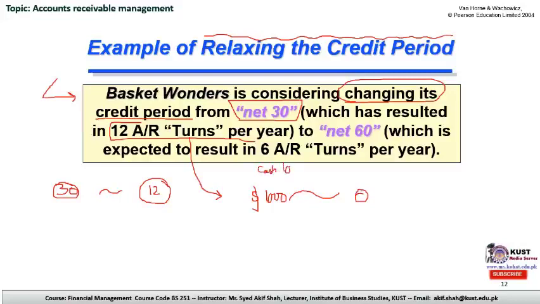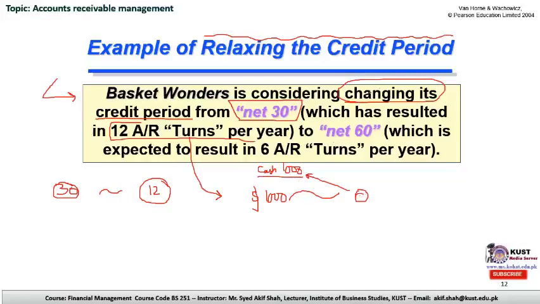So when our accounts receivable is converted into cash after collection, it is known as accounts receivable has turned into cash. So by 12 accounts receivable turns, we mean that on average, the company is collecting its accounts receivable and converting it into cash 12 times in a year.